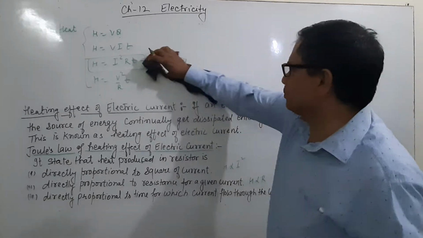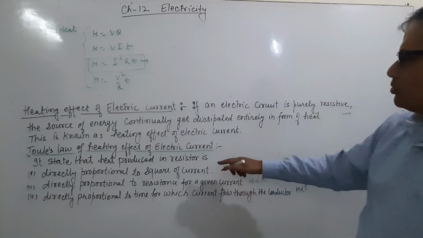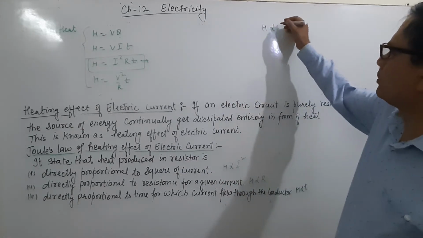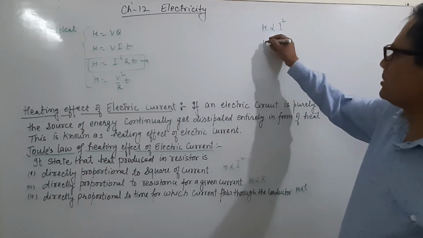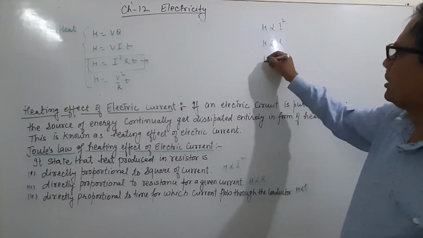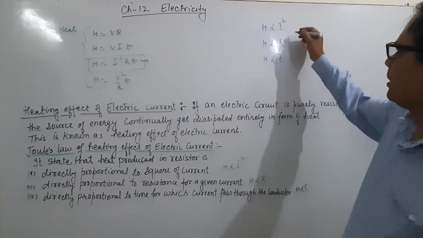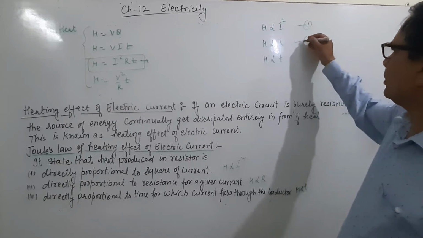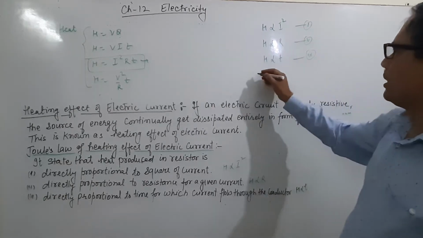And therefore, what is Joule's law? According to Joule's law, heat is directly proportional to I square, heat is directly proportional to R, and heat is directly proportional to time. These are equations 1, 2 and 3.